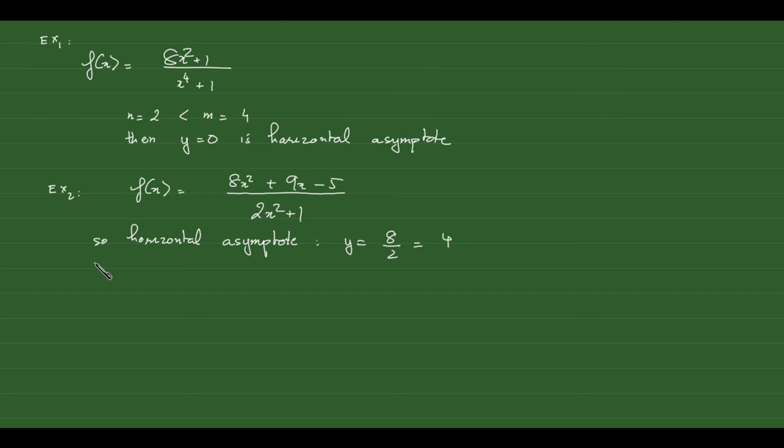However, there is another type of asymptote, which is a slanted asymptote. Slanted asymptote can be found by doing division. The quotient of the division will be the slanted asymptote.